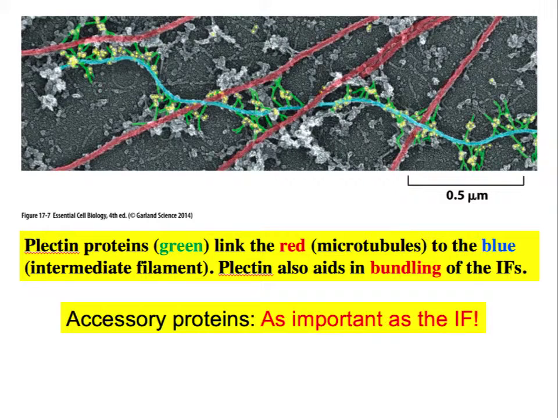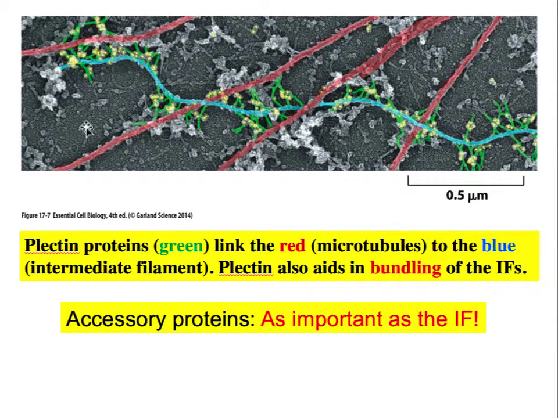The presence of intermediate filaments inside cells alone would not be enough. You need something to couple them to the surrounding cytoskeleton of other elements or to the cell surface. One of the most common proteins that acts as a linker is plectin. And plectin is indicated in this electron micrograph by these green stained filaments.